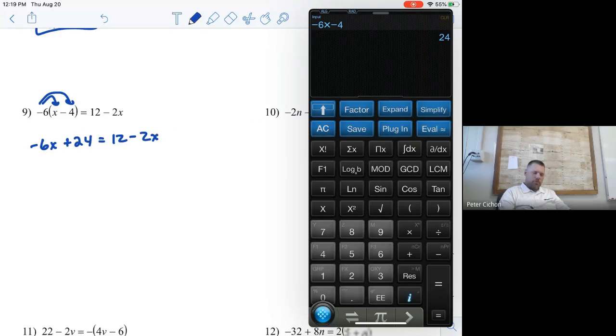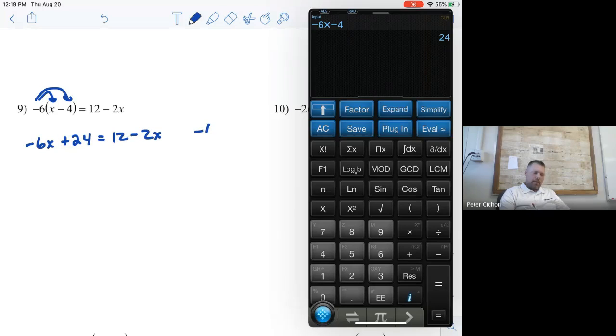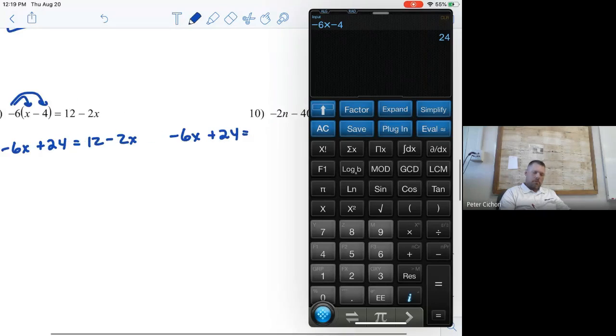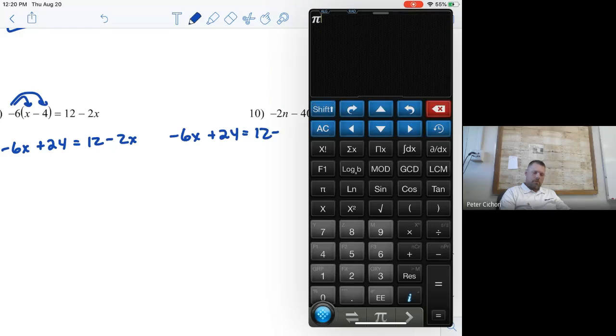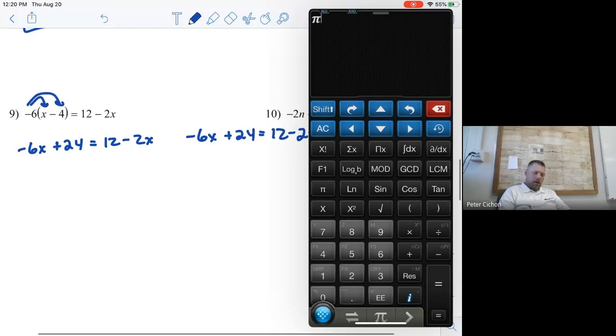All right, now I'm going to do this one twice to show you what happens. This time I'm going to move this 2x over there. So I'm going to add 2x to both sides, so I bring the x's to the left.